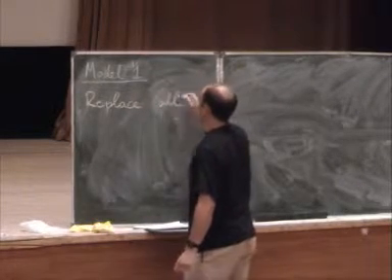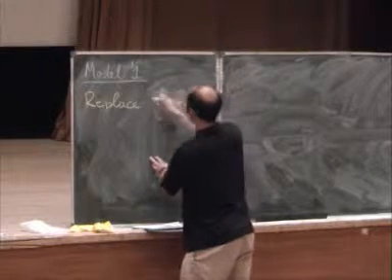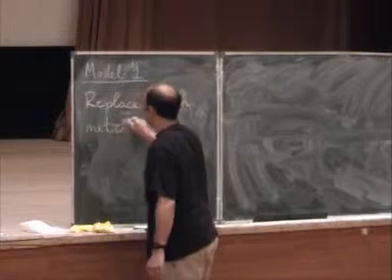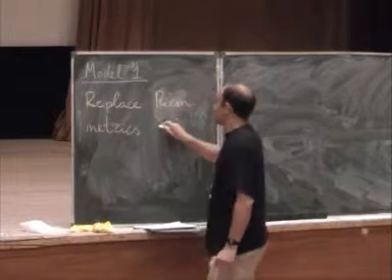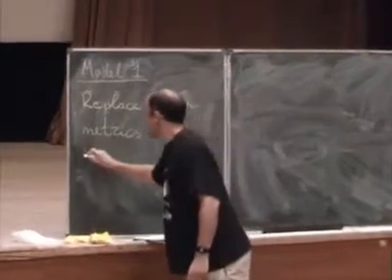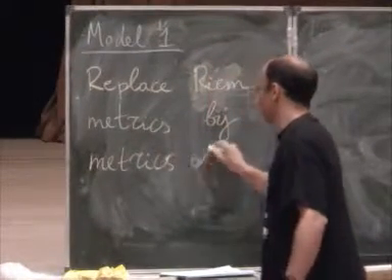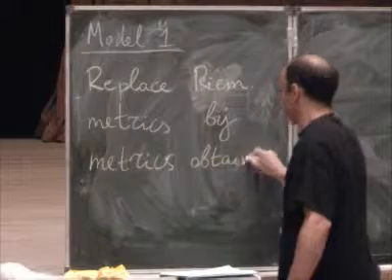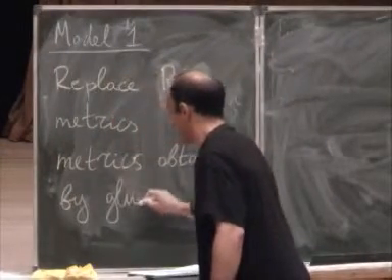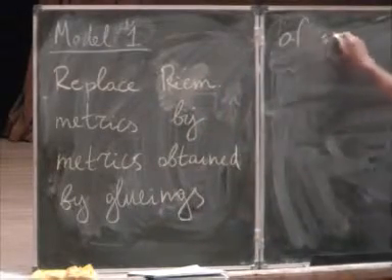all Riemannian metrics by metrics obtained by gluings of squares.